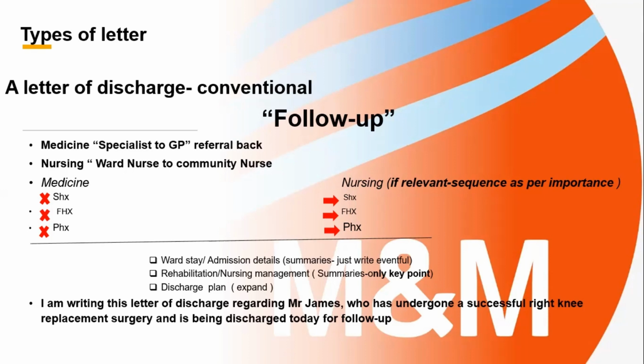It's not necessary to include each and everything. We have to just write down the main or key features of the ward management. Do not include each and everything, but the key features of the ward, right? So basically, the important thing is that we have to include the key features of the ward, right?